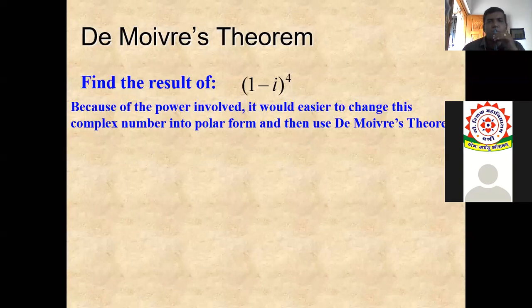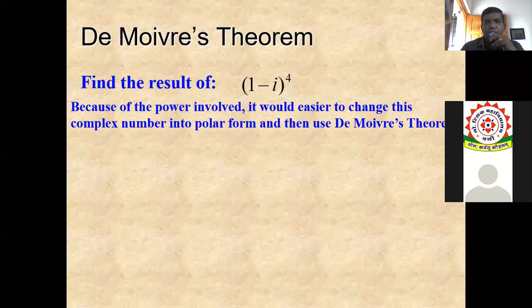To apply De Moivre's theorem, simply write it in polar form, that is r times (cos theta plus i sin theta). From 1 minus i, find the value of r and the angle theta.